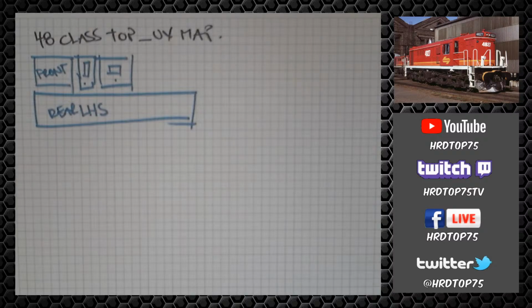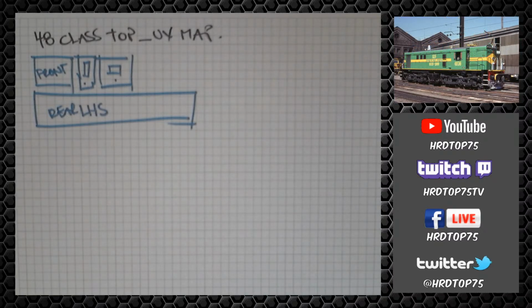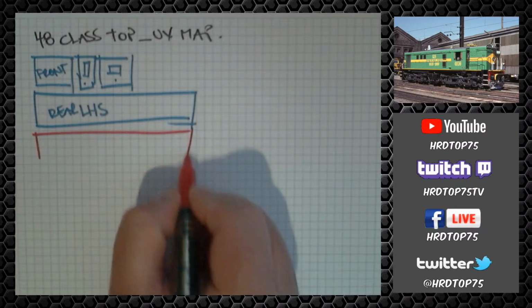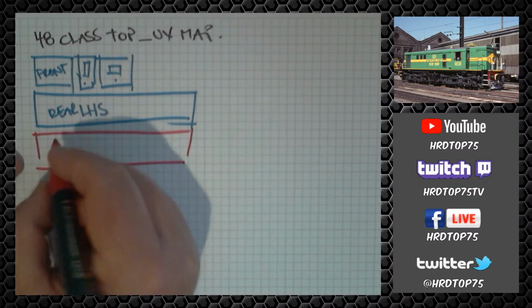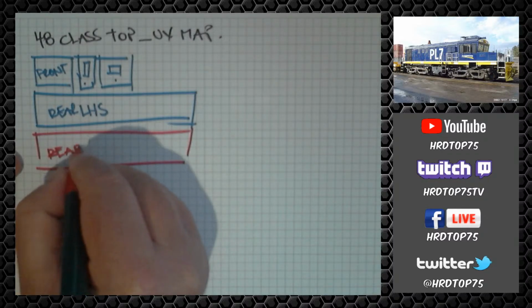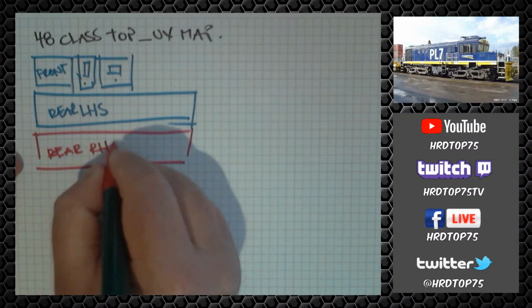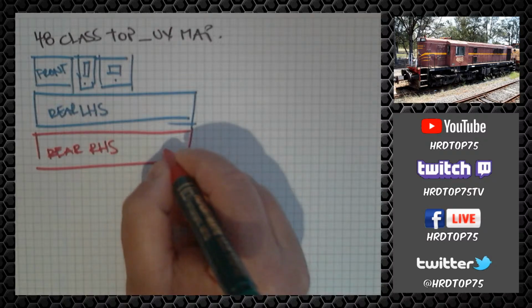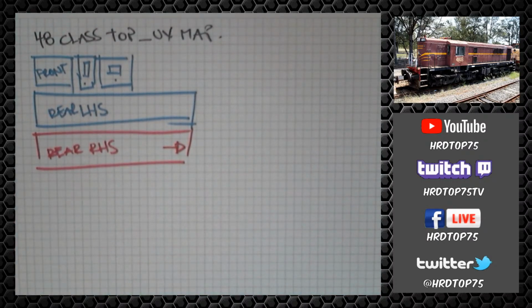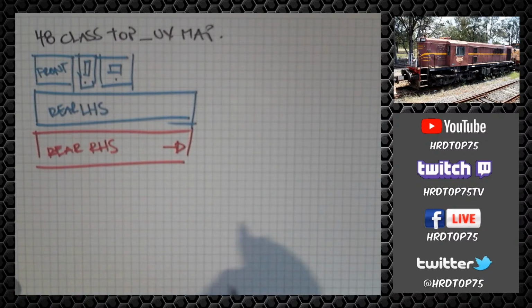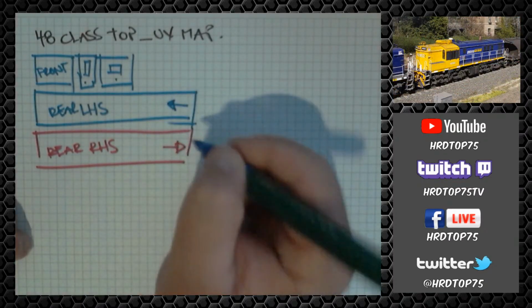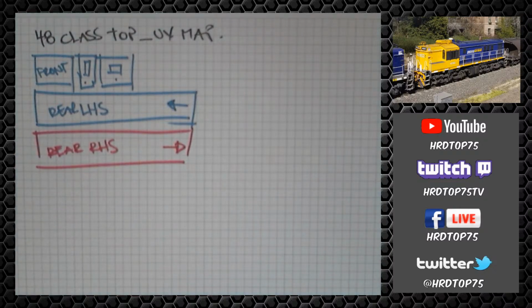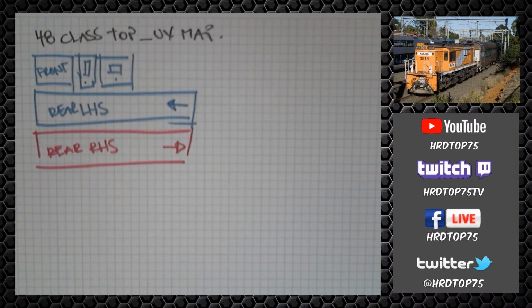Grab myself another texter. That was the left hand side, wasn't it? Yeah, it was. It's also, I better put some direction markers in as well, just so we know which direction the locomotive would be heading at number 1 end.